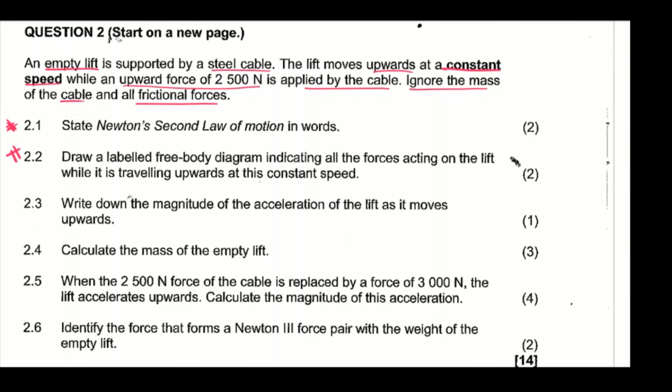Question 2.2 says to draw a free body diagram indicating all forces acting on the lift while it travels upwards at constant speed. We have this lift object, which I'm going to indicate using this dot here. So this is our lift and the forces acting on it.